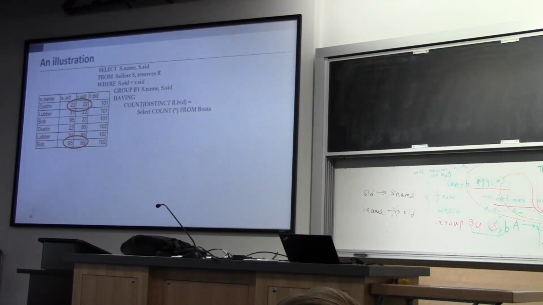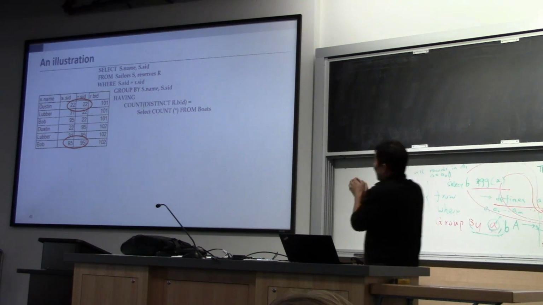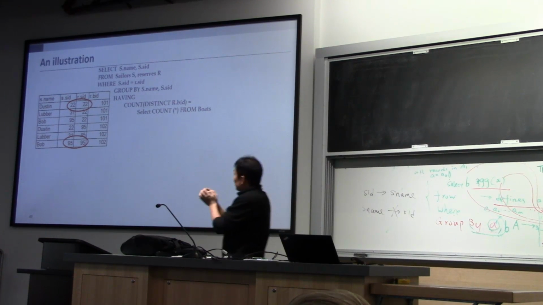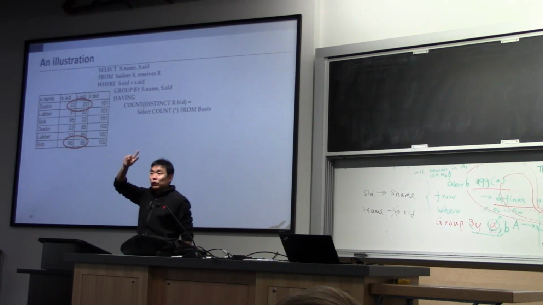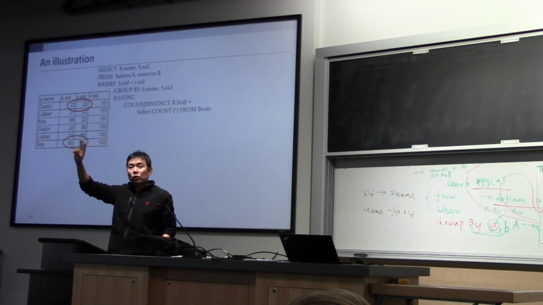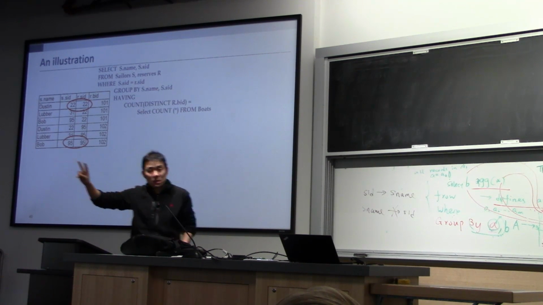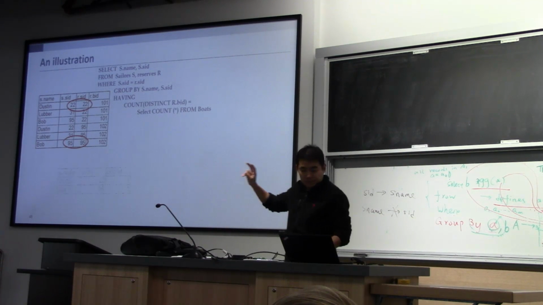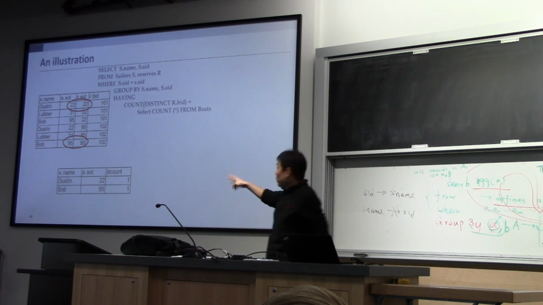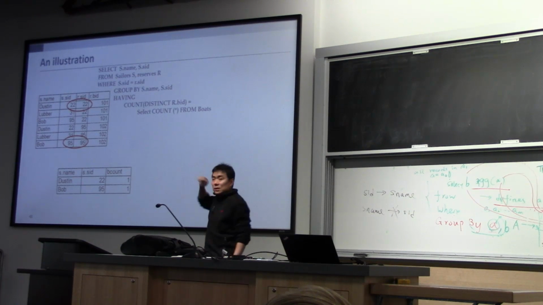So those will survive this step and move on to the next step, which is to do the group by over them. So you group them by name and sailor ID. As you can tell, I have two records and they are from two different groups. So I form two groups and I count distinct boat ID.